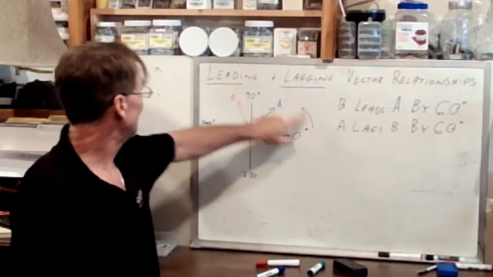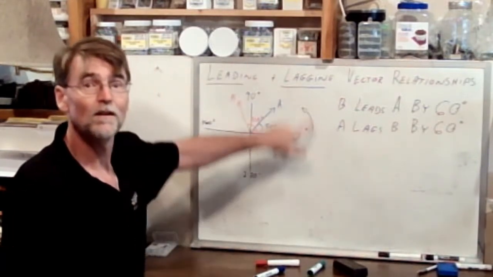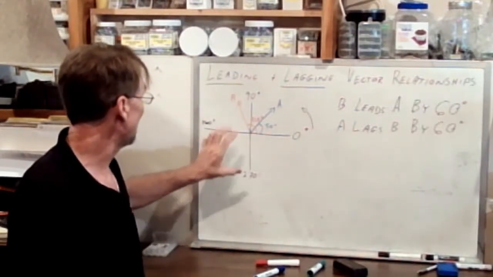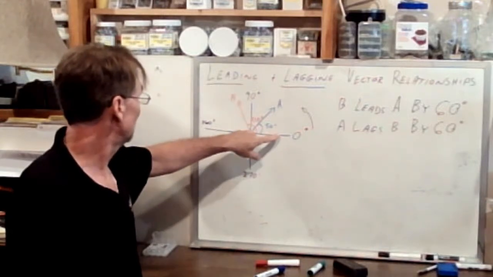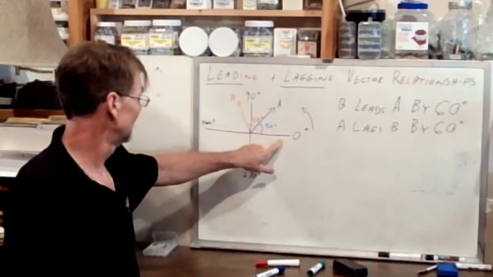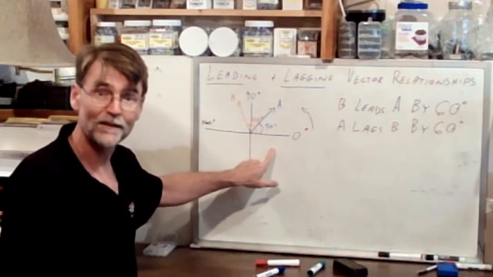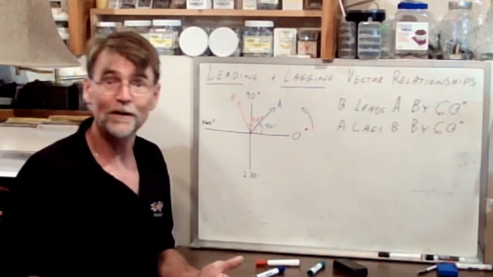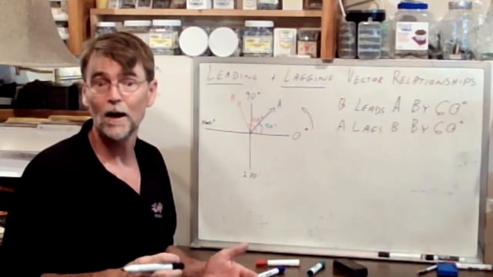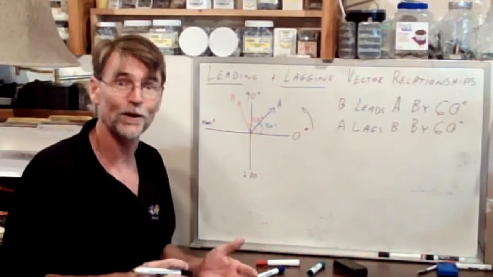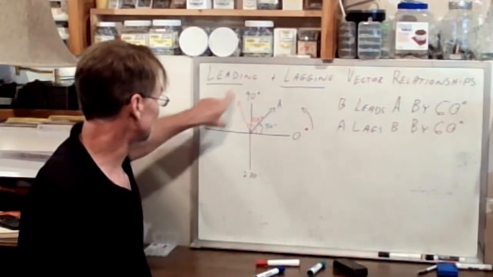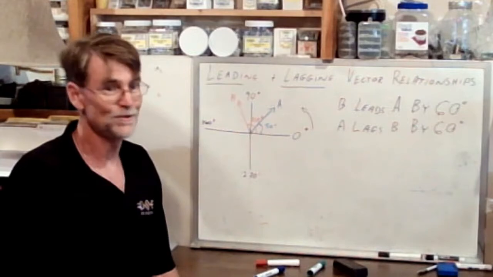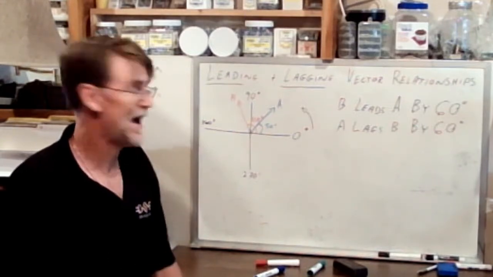If this is a very long race and we're going around the track many times, remember that these vectors will go around the track from 0 degrees all the way to 360 in a single sine wave. And remember that in North America, the frequency of our AC power supply is 60 hertz, which means the vectors make a lap of that track 60 times every second. So this is a really long race and they're running really fast.